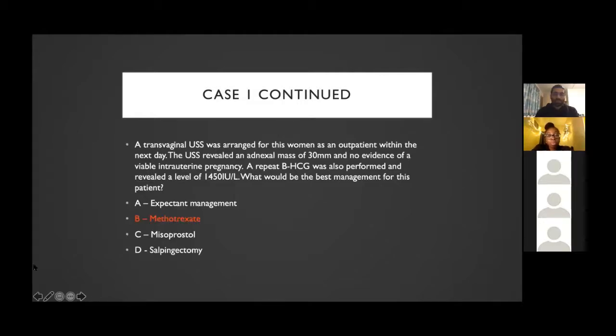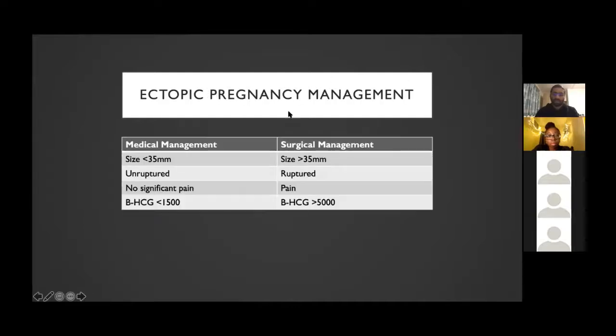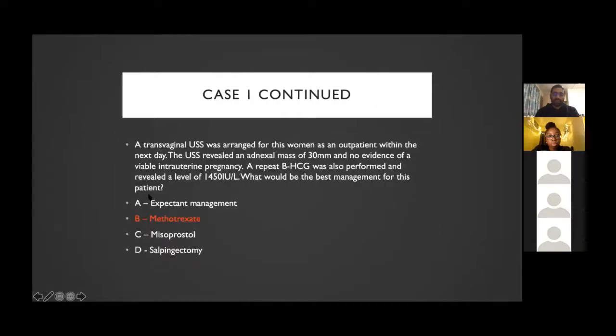If we just go through it, I've got a slide here in terms of the management of ectopic pregnancy. Expectant management is to wait for a spontaneous abortion, to wait for the mass to pass, basically.